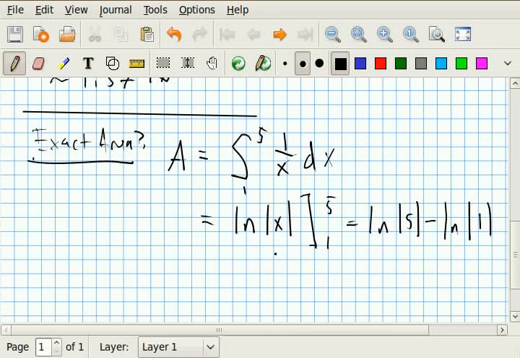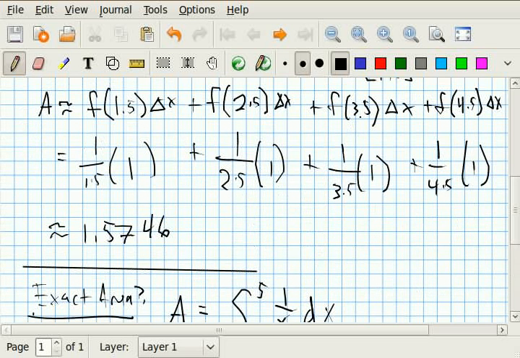Now that you see what that is, you can just type it on the calculator. And here's what I get. That's the exact area, of course, but I'm going to round it to a couple of decimal places. So it's about 1.6094. By the way, since these are areas, I should say square units in my answers.